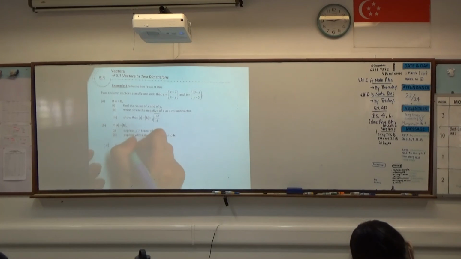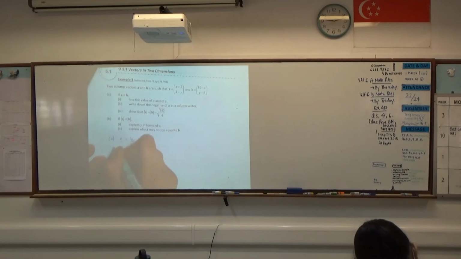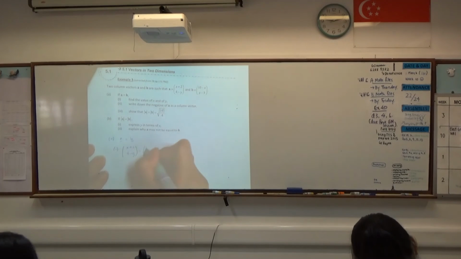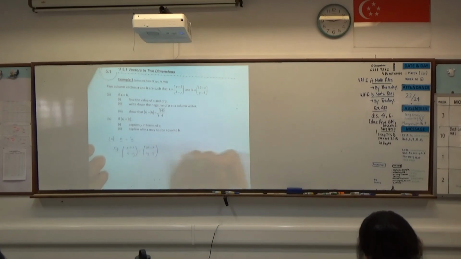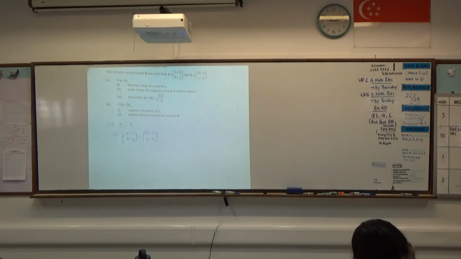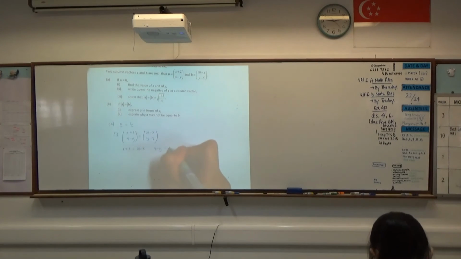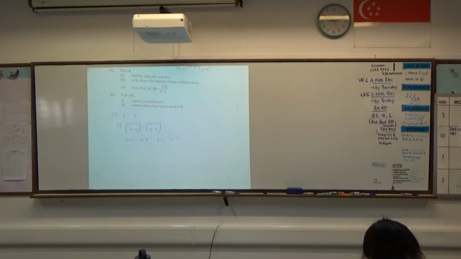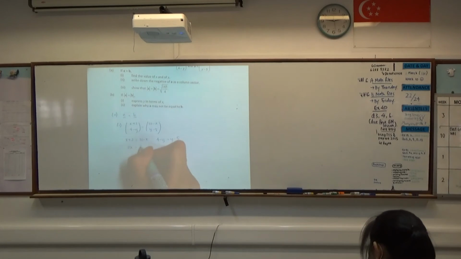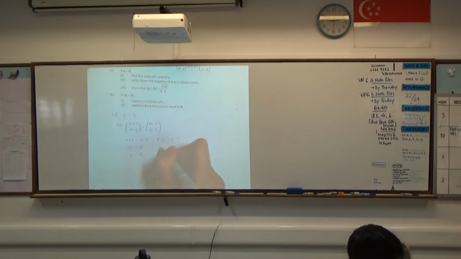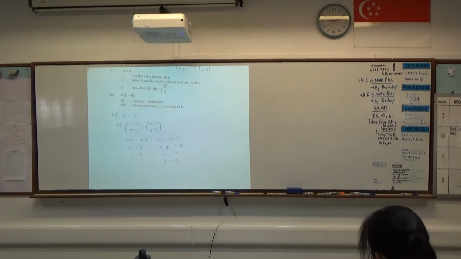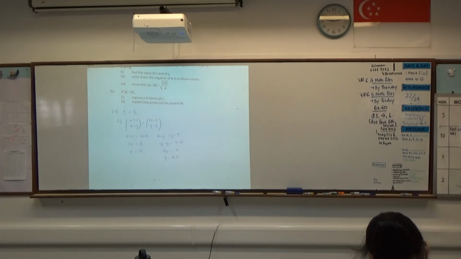So with A to be equals to B, the two column vectors will be equal. So we can end up solving algebraically. So x is equals to 4 and y equals to 4.5.